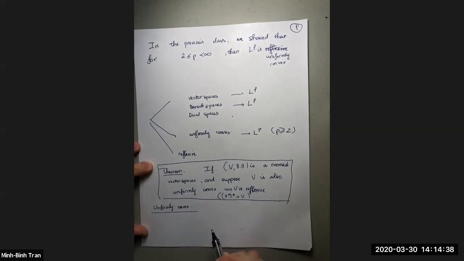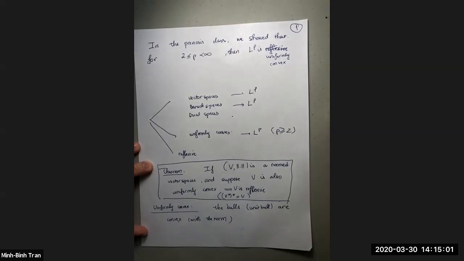Uniformly convex means that the unit ball is convex, right? Of course, you cannot define a ball without a norm.